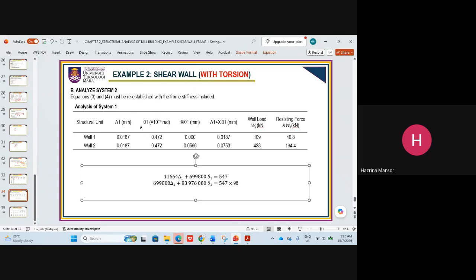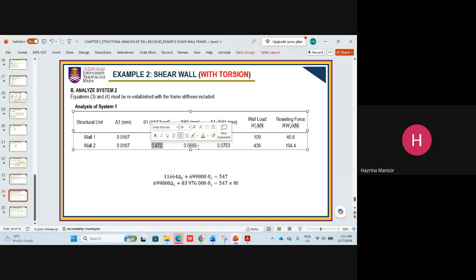So once you get the delta 1 and rotation 1, the next is you need to fill up your xi times rotation 1. So you will get 0. And then xi times 0.472, you will get this value. This one comes from the equation earlier because you are calculating the distance. So delta 1 plus xi delta 1.